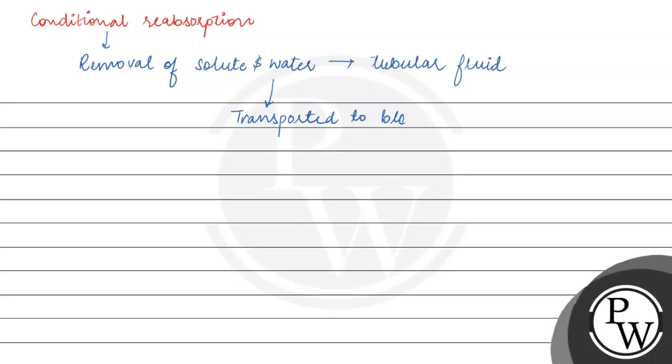This whole mechanism is known as conditional reabsorption. And in DCT, the conditional reabsorption of sodium ion, chloride ion and water takes place. For the sodium ion, it is active absorption, while in the case of chloride ion and the water, it is diffusion. Now let's read the statements again.